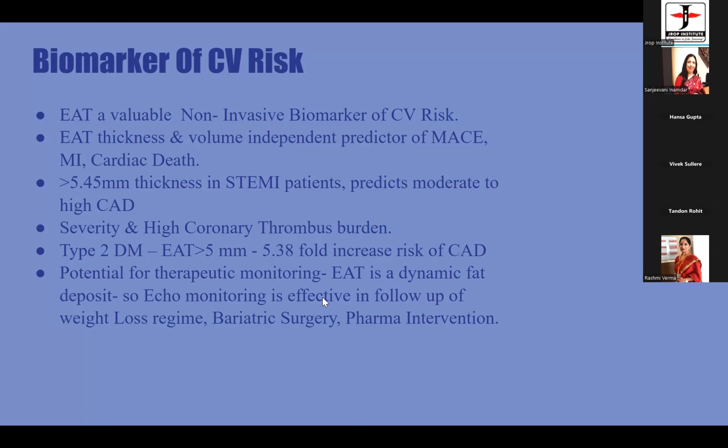It also has potential for therapeutic monitoring. It is a dynamic fat deposit, so echo monitoring is effective in follow-up of weight loss regimes, bariatric surgery, and pharmacological intervention.